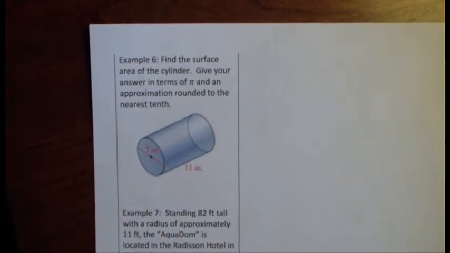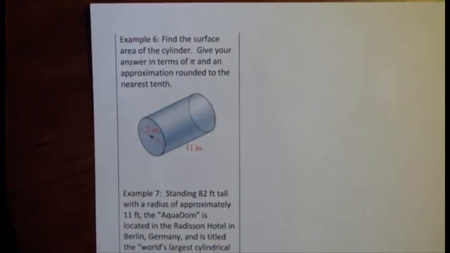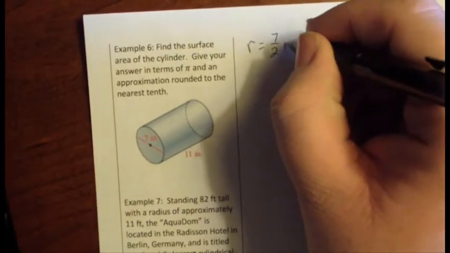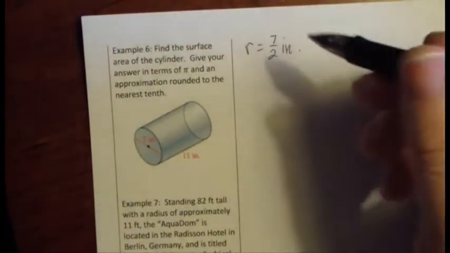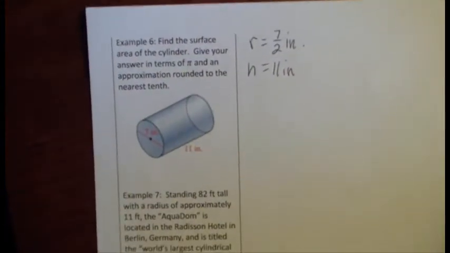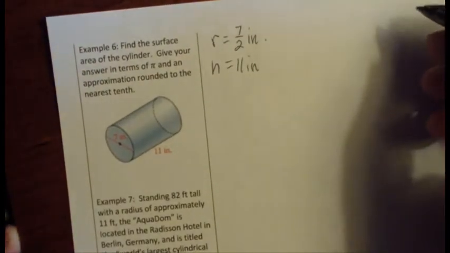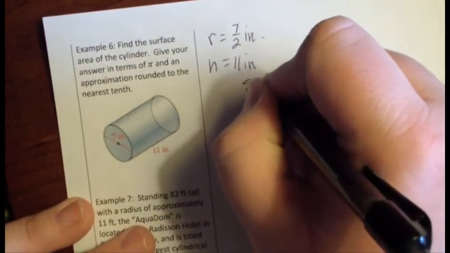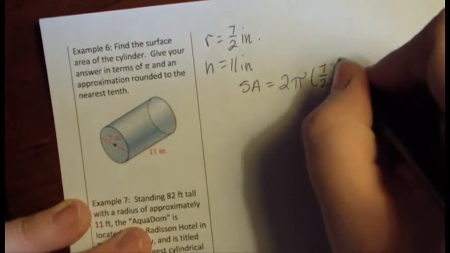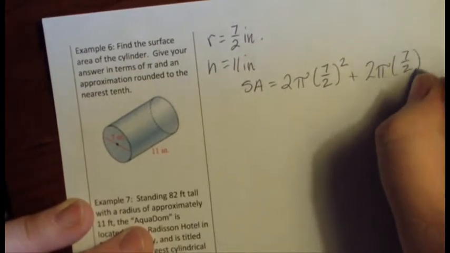You'll notice again we're given a diameter, so we'll do half of that for our radius, so 7 over 2 inches, and then our height is 11 inches, and we're going to plug that into our formula, 2 pi r squared plus 2 pi r h.